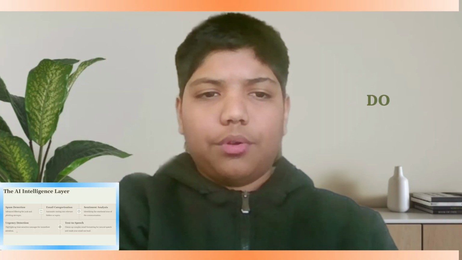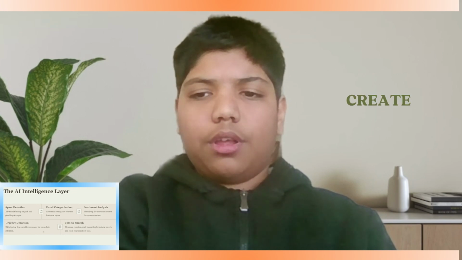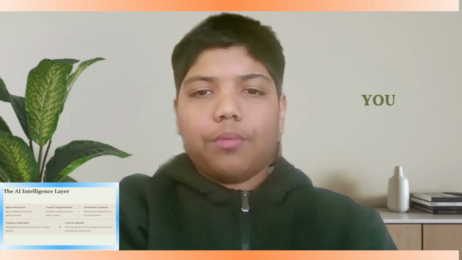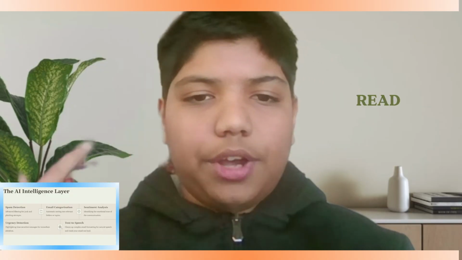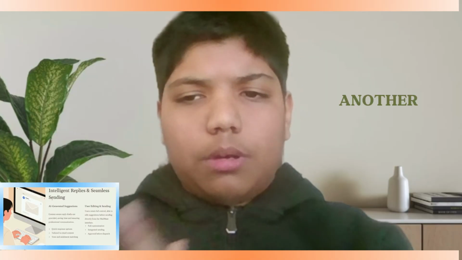And urgency detection can tell you if it's urgent and you have to do it now or not. According to the urgency detection, it will also create reminders for you. And text to speech will read the email and transform it into speech and read it out to you.